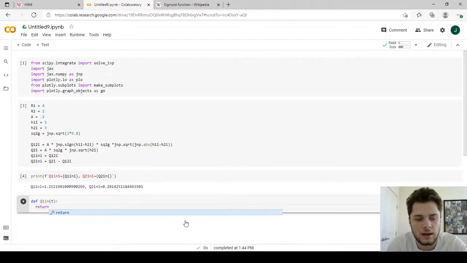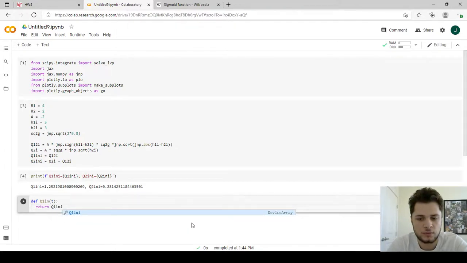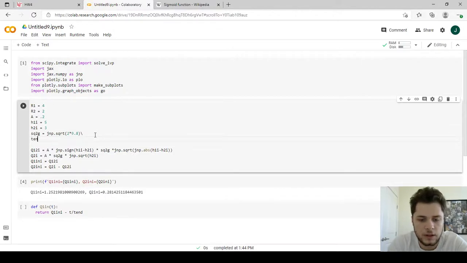Let's say that the inlet flow to tank 1 decreases by 10% over a certain time. So we do Q1n initial minus T over Tn. So Tn is going to be my final time, and I'm just going to say that's going to be equal to 500 seconds.